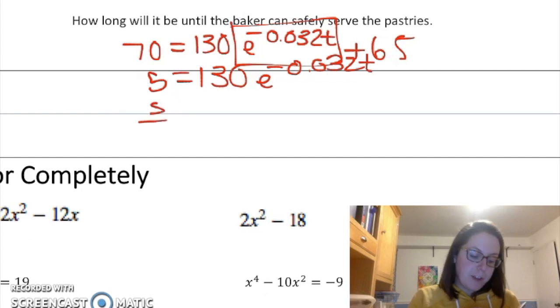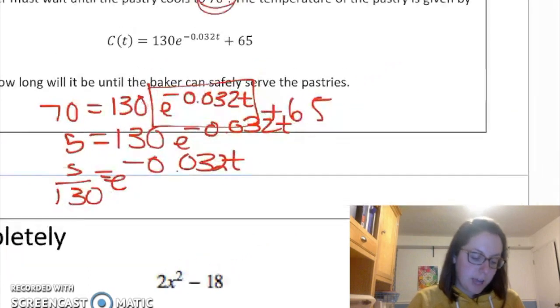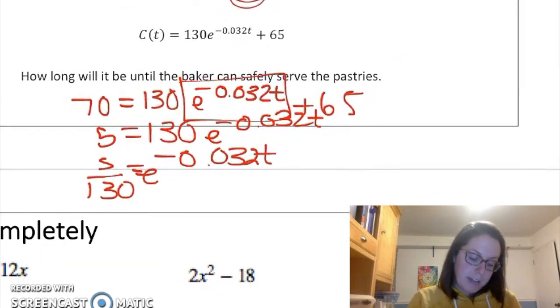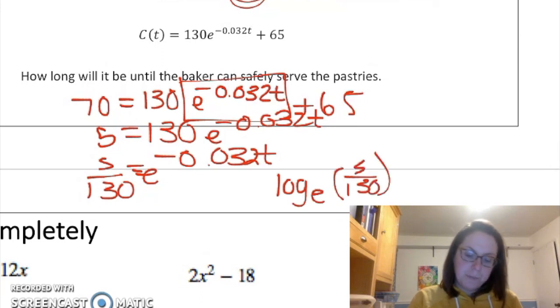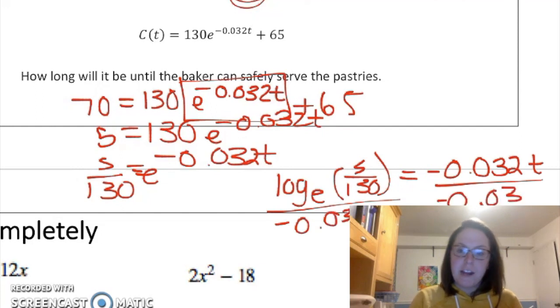Divide both sides by 130. Once that's alone, convert and solve. So this would be converted to natural log, or log base e, of 5 over 130 equals negative 0.032 t, and divide both sides by that. Which again, you could put in your calculator. I just don't have mine at home.